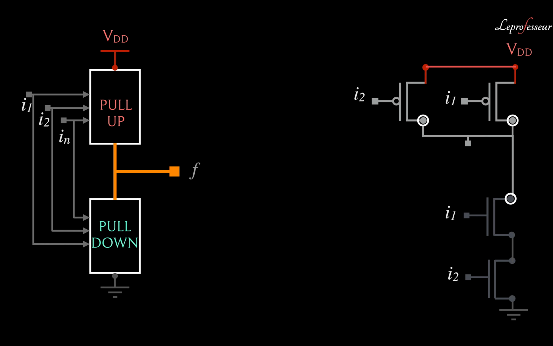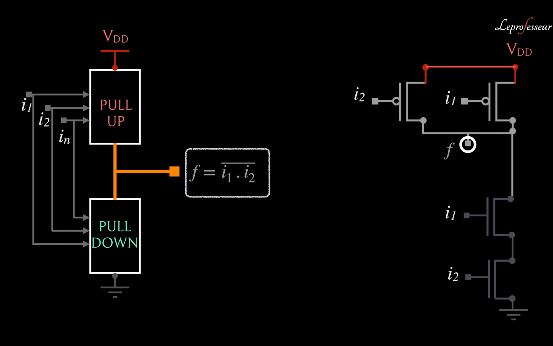We connect the pull up and pull down network together, and we get the desired output of the combo logic F, and that output will give us the NAND logic gate output. For example, this circuit is the 2-input NAND gate.